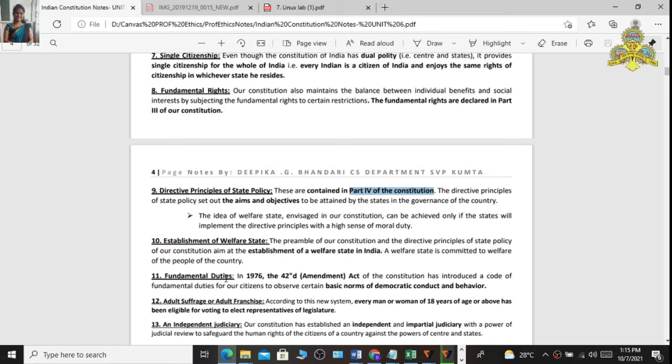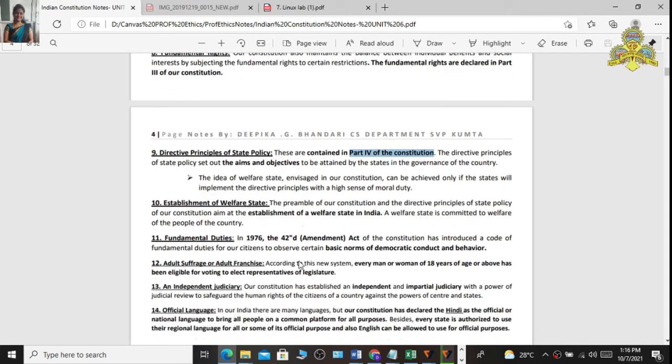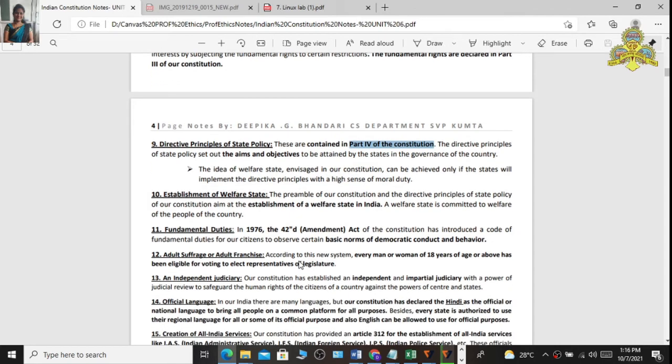One more feature is the fundamental duties. ಮೂಲಭೂತ ಕರ್ತವ್ಯಗಳು. Okay. In 1976, the 42nd Amendment Act of the Constitution, it has introduced the Code of Fundamental Duties for our citizens.